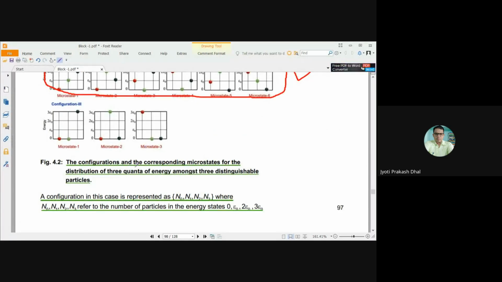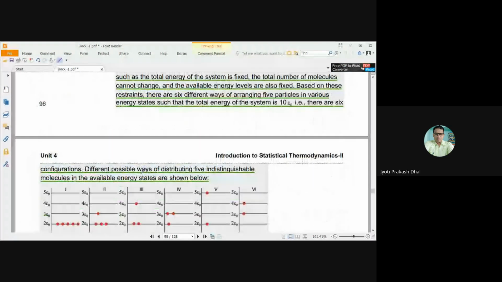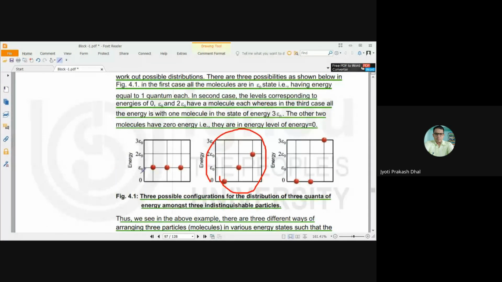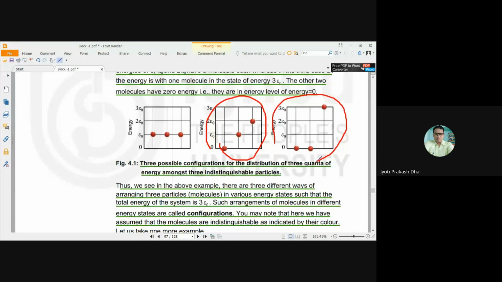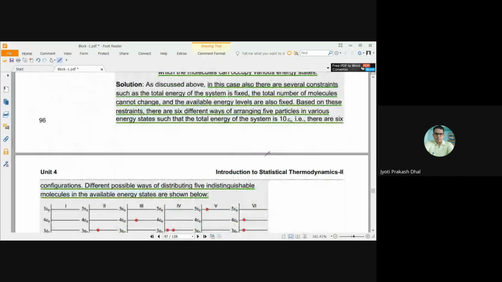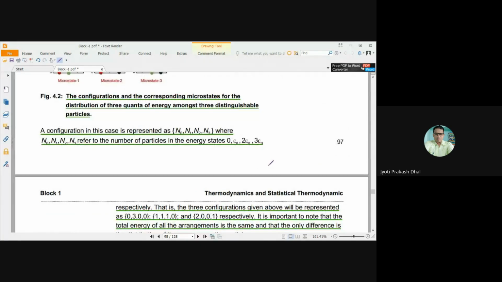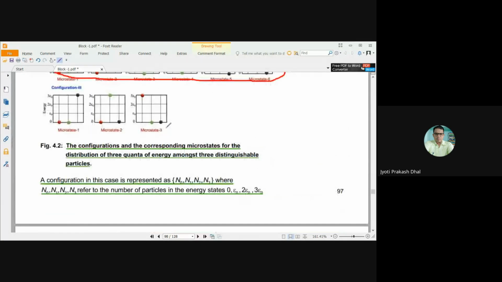Now similarly, when the 3 balls are equivalent or indistinguishable, for configuration 3 we will get 1 microstate, whereas when the 3 balls are different or distinguishable, for configuration 3 we will get 3 microstates.